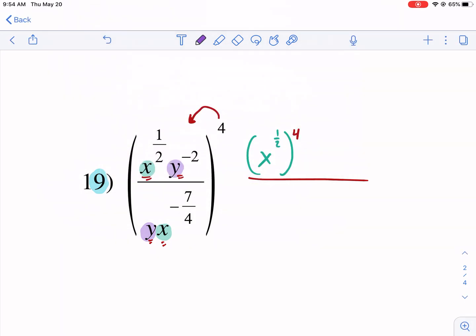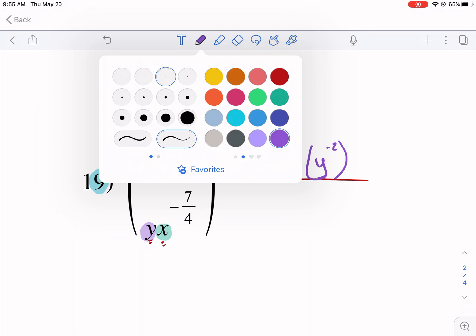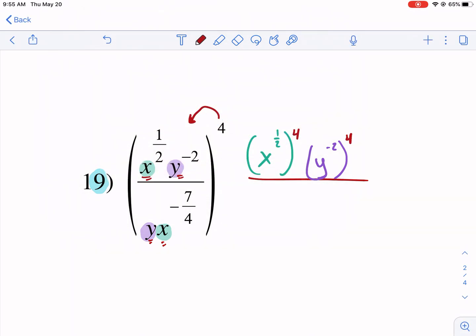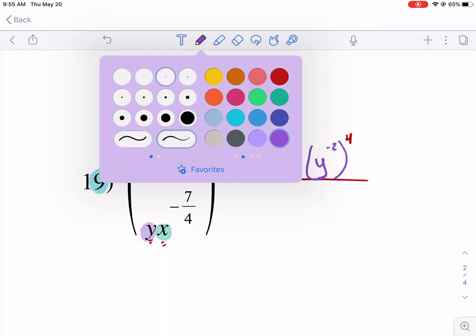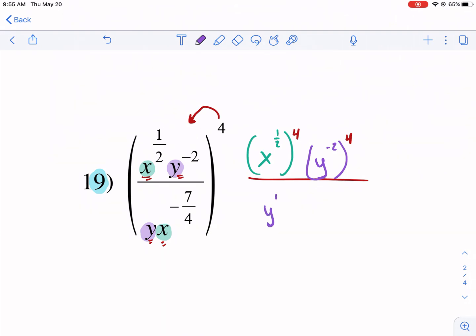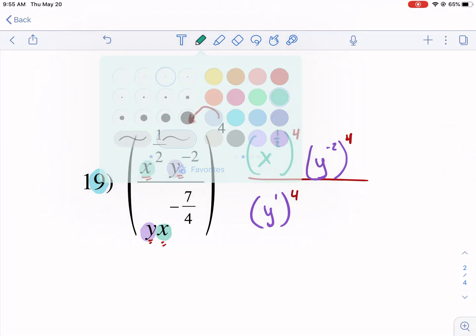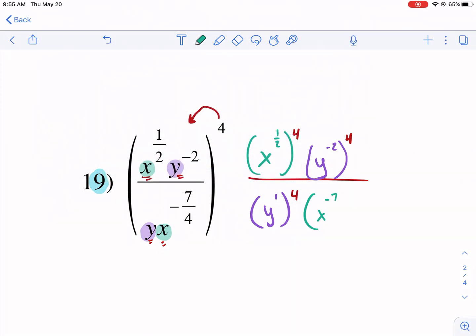Then I have y to the negative 2, and I'm going to raise this to the 4th power, which means I'm going to multiply the powers. Okay, I'm being very explicit here, but I hope you get what I'm trying to do. Then I have y to the 1st power. I'm not sure why it's written first, but I'm raising this to the 4th power. And then I have x to the negative 7/4, and that's raised to the 4th power.